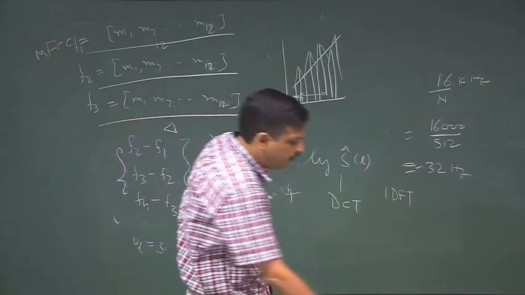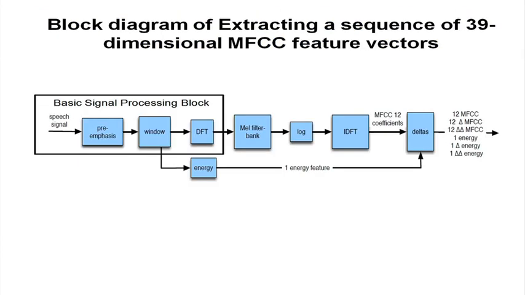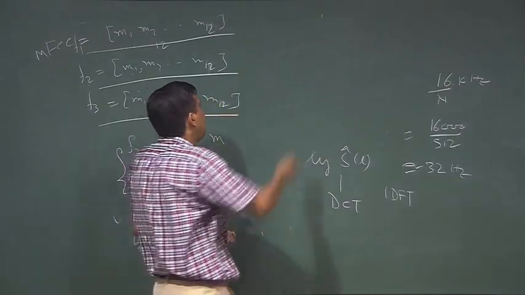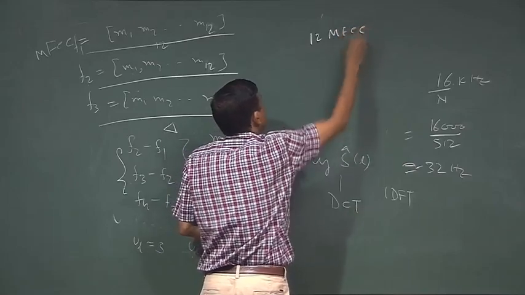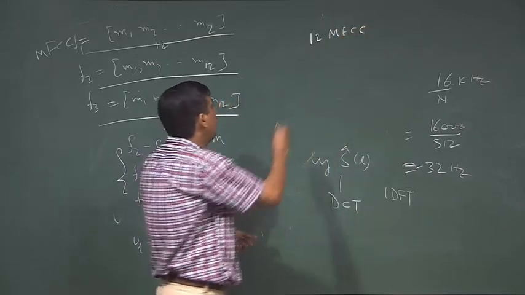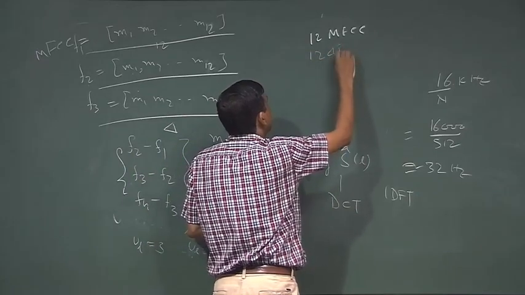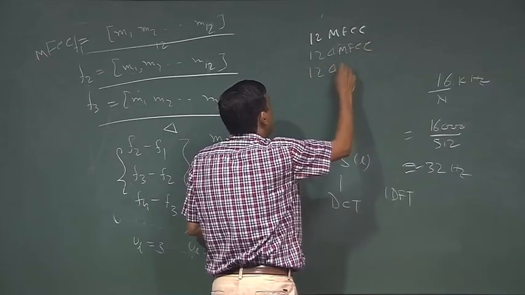Now, if you remember in the first slides, when I make the MFCC feature vector, what did I say? I take 12 MFCC parameters, then I can take 12 delta parameters, delta MFCC, then I can take 12 double delta MFCC.